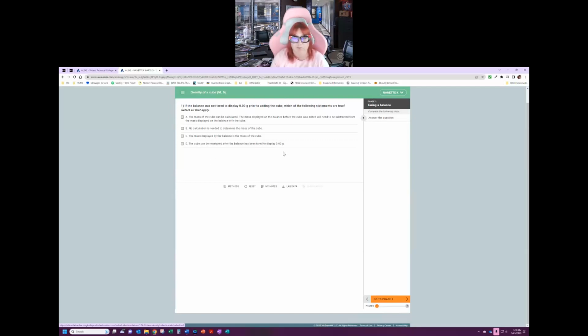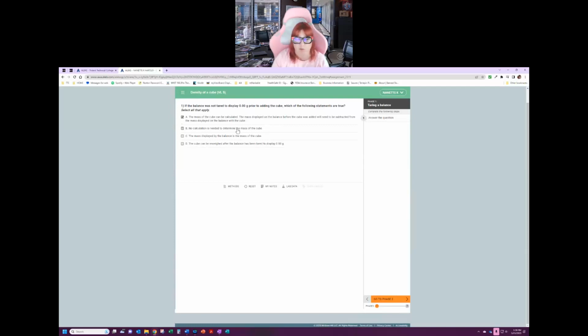Select all that apply. And this is one of those questions that I would record, and then record what I answered. Okay, so the mass of the cube can be calculated. The mass displayed on the balance before the cube was added will need to be subtracted from the mass displayed on the balance with the cube. That is true. That can be done. No calculation is needed to determine the mass of the cube.